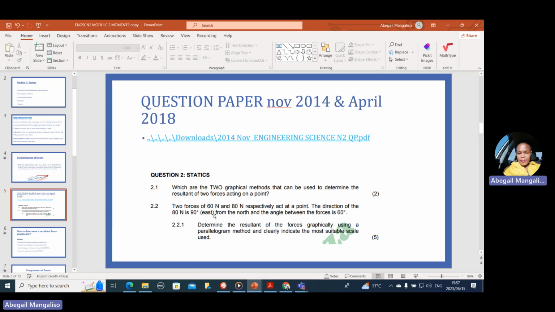You're going to try this. This is north, east, west, south. The 80 newtons is 90 degrees. From here is 0, and from up to this point will be 90 when coming from north. So you're going to have the 80 newtons this way.